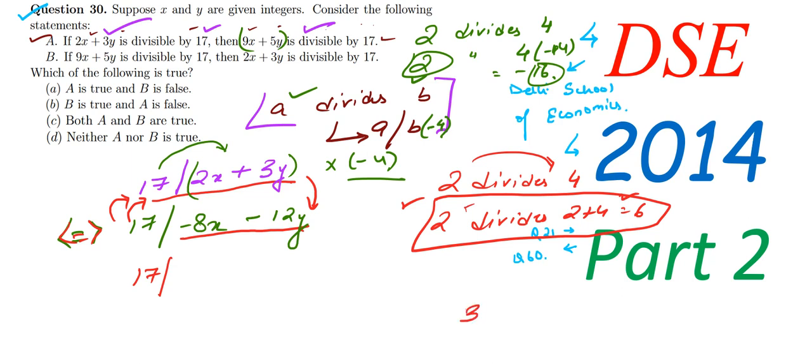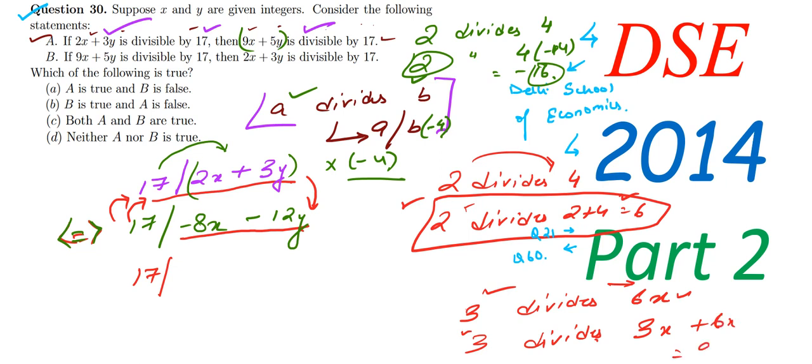Here we have 3 divides 6x. As you can see, whatever the value of x, 3 will always divide 6x. So let's add 3x here. Adding 3x plus 6x, we will get 9x. So you can see 9x is always divisible by 3. Therefore similarly we can add here 17x and 17y.